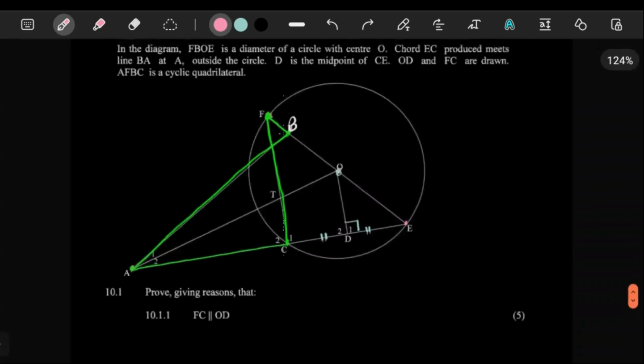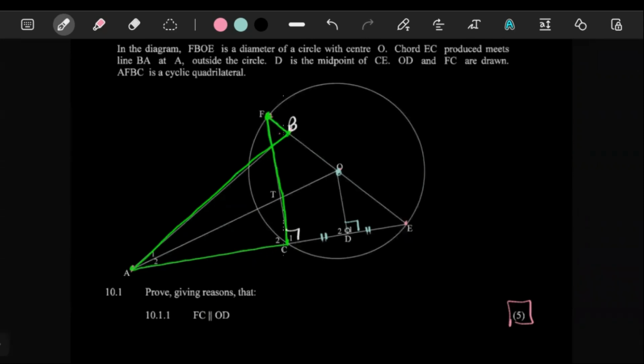Cool. Okay, so now they say that we should prove that FC is parallel to OD. So what do you think we can do to prove that FC, which is this line here, is parallel to OD? So you can use your triangles EFC and EOD.